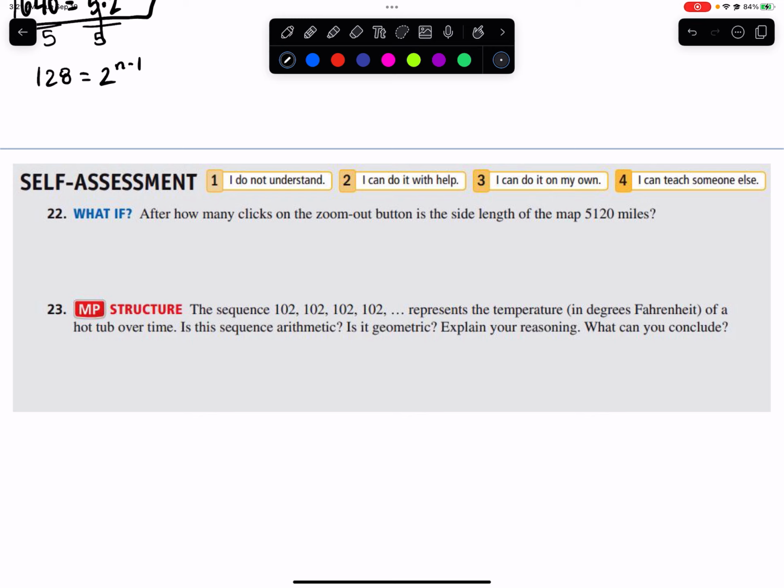You should have set up your equation to look like this. And then if you wanted, you could have divided by 5 and gotten 1,024, sorry, equals 2 to the n minus 1 power.